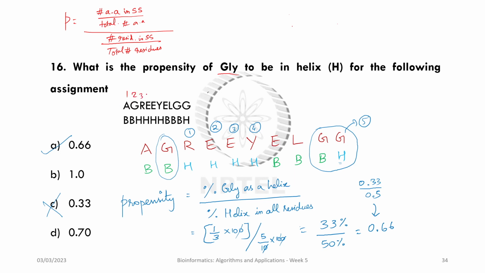So here you see 1, 2, 3, 4, 5, 6, 7, 8, 9, 10.